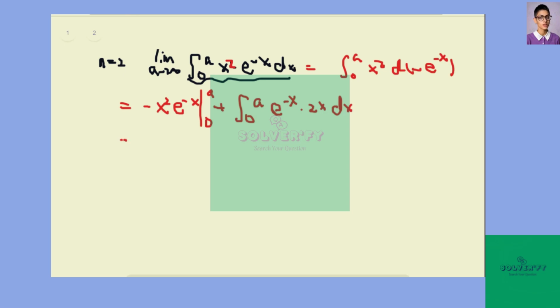This is equal to negative A squared e^(-A) plus 2 times the integral from 0 to A of x times e^(-x) dx.